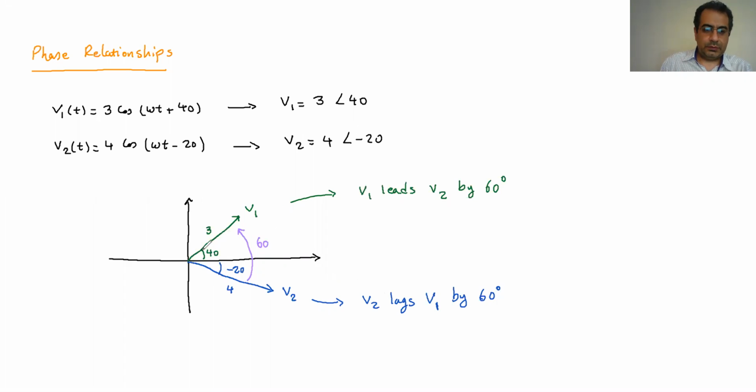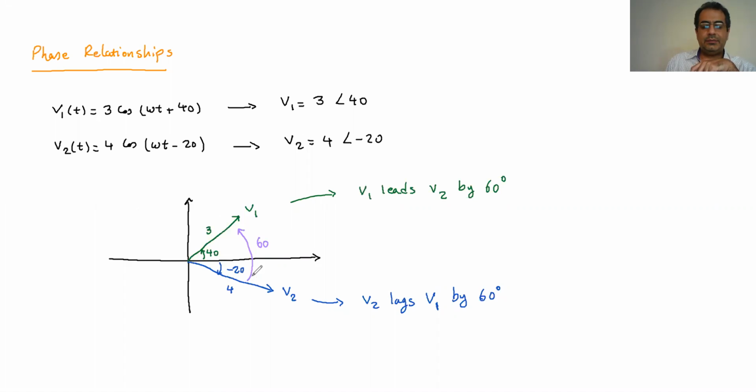So let me also put some angles here. We know this is the 40 degrees here, and this is negative 20 degrees here. Remember every time we consider the counterclockwise, and we consider the smaller angle between the two vectors, because we can consider also this.